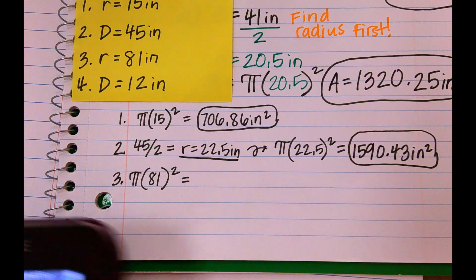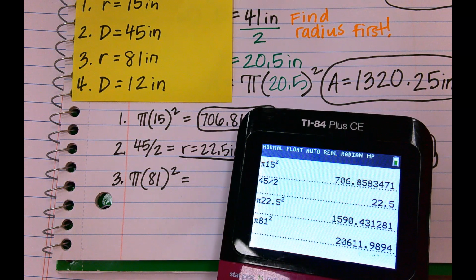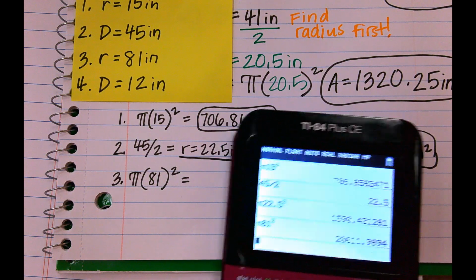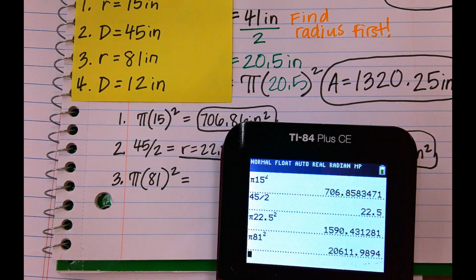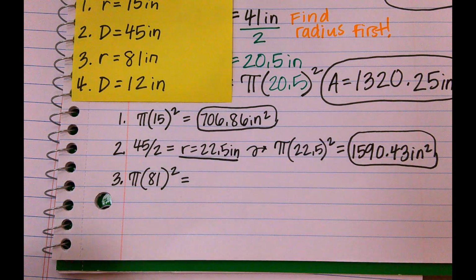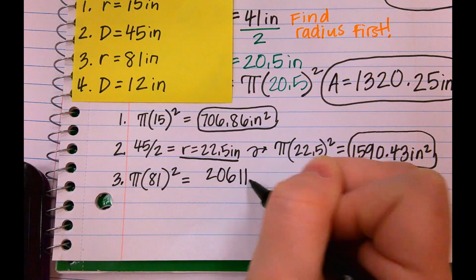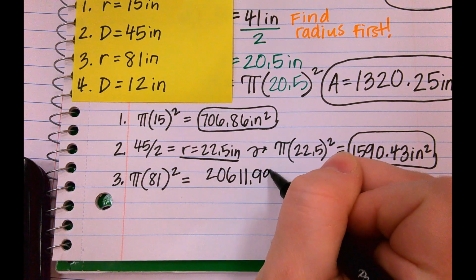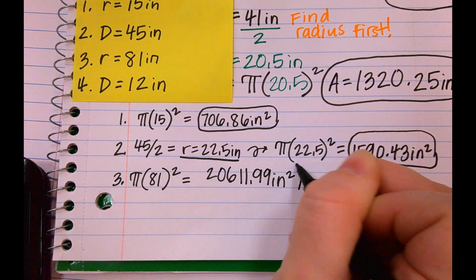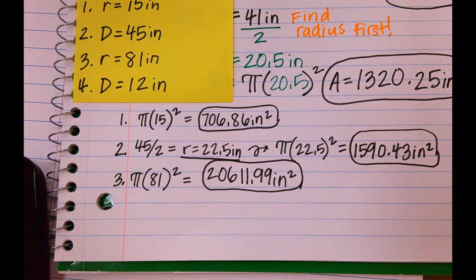I rounded up to the 9, so we get 20611.99 inches squared. That's number 3.